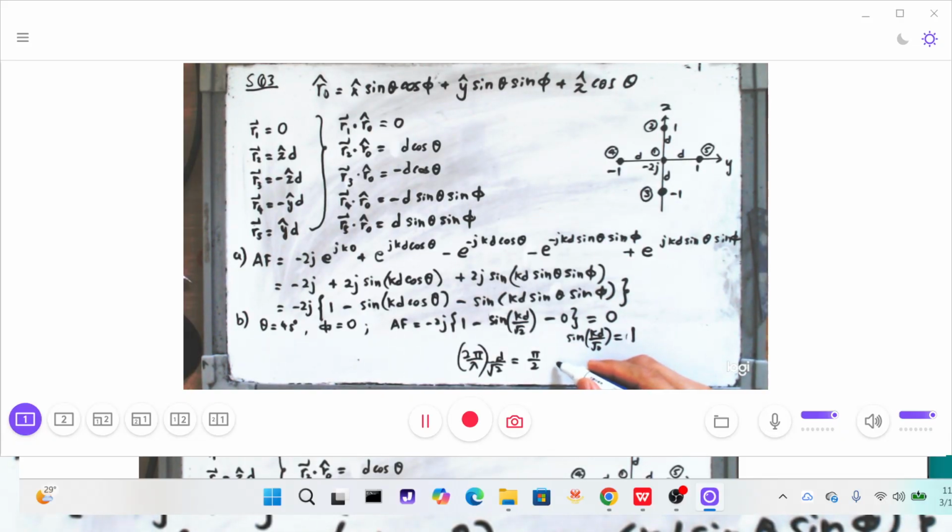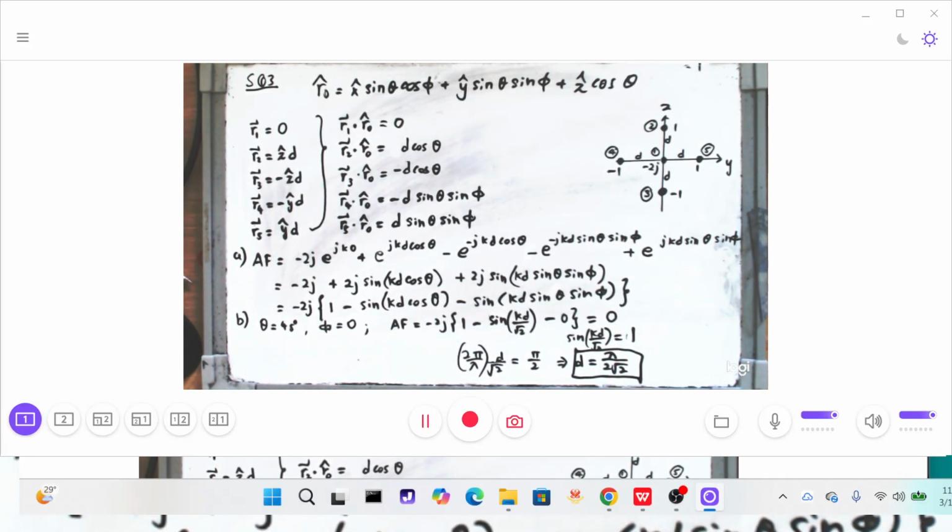So by our calculation, d is equal to lambda divided by 2 square root of 2. So our job for the second part of the question is also done.